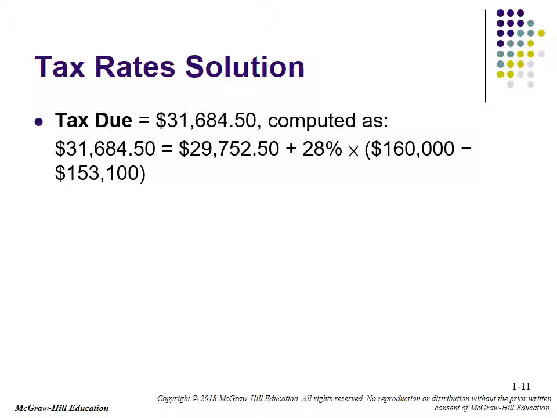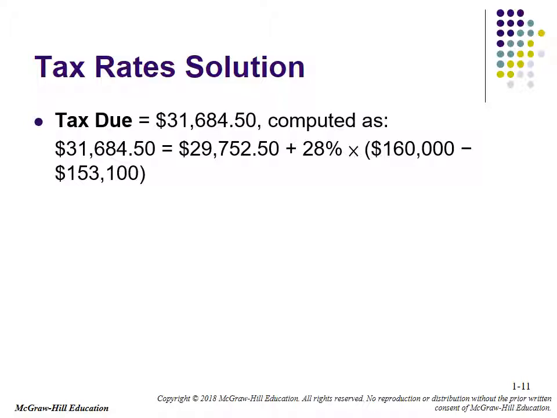Then the next range is $18,650 to $75,900. We have to find the couple's income range, $153,100 to $233,350. So it's about the fourth one down on that married filing jointly tax rate schedule. We're going to go across, because this is the row we use to calculate the tax.